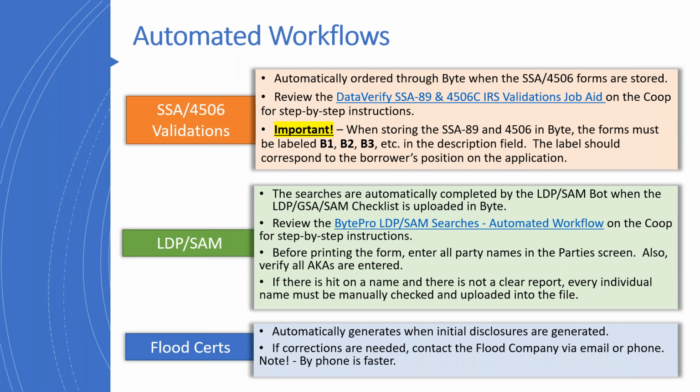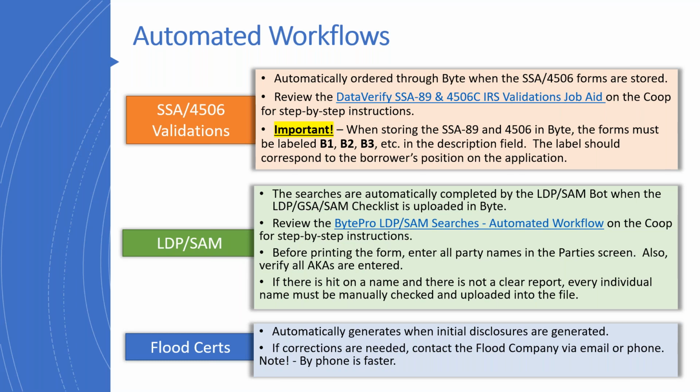LDP and GSA SAM: these searches are automatically completed by the LDP SAM bot once the checklist is uploaded in Byte. Always verify that all your AKAs have been entered in the URL screen, along with all the party names in the party screen, before you print it and upload the form into Byte.